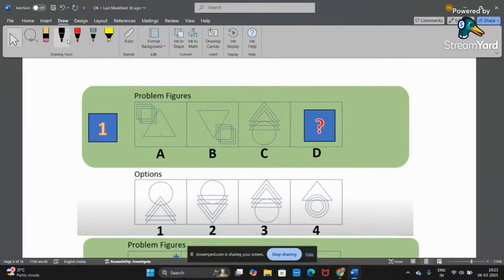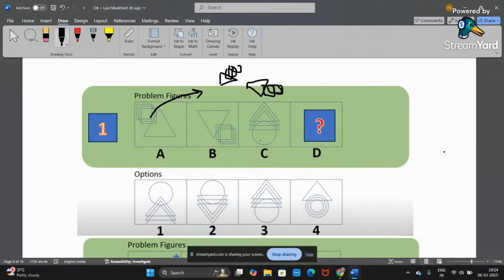Right? If it turns, one minute. See, this one, if it turns 90 degrees, it will look somewhat like this, and that square will be somewhere here when it turns 90 degrees. But here it has turned 180 degrees. That means this one is tilted like this, and the squares are here.